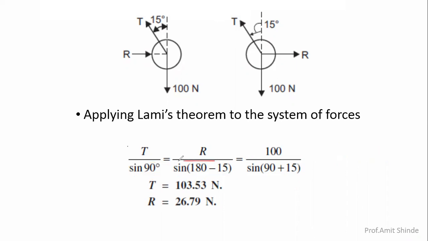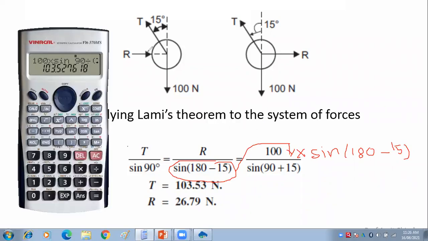If we take this term to this side, it is multiplied with sine of 180 minus 15. Again simplify the terms and calculate the values.